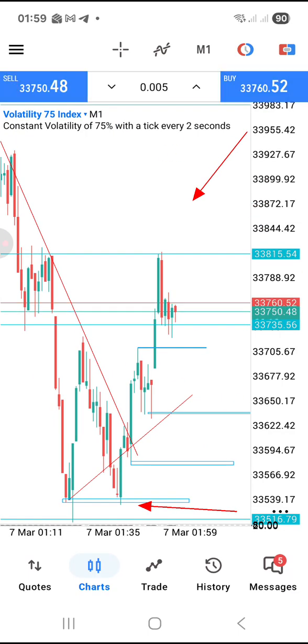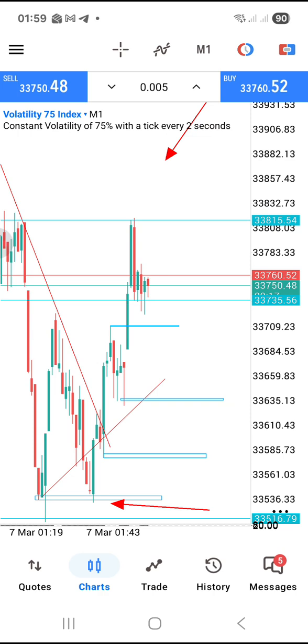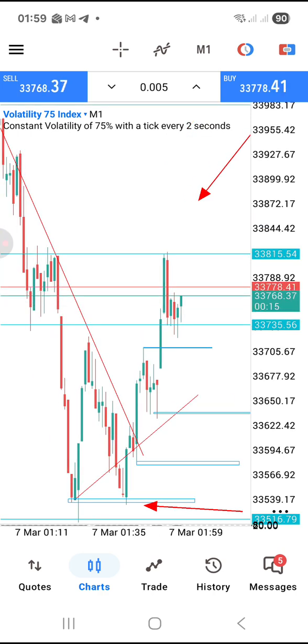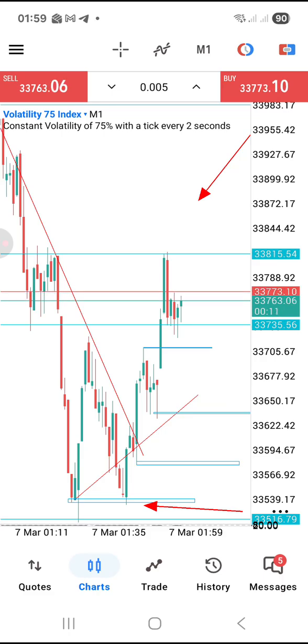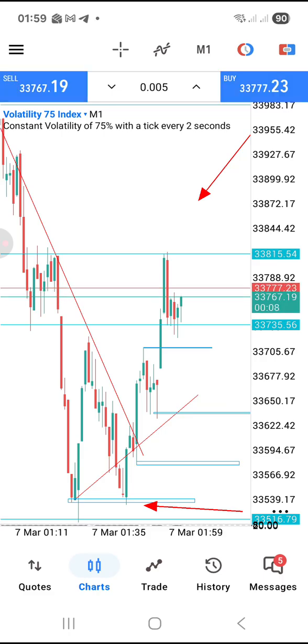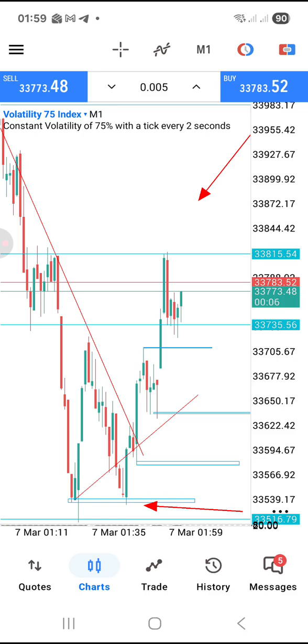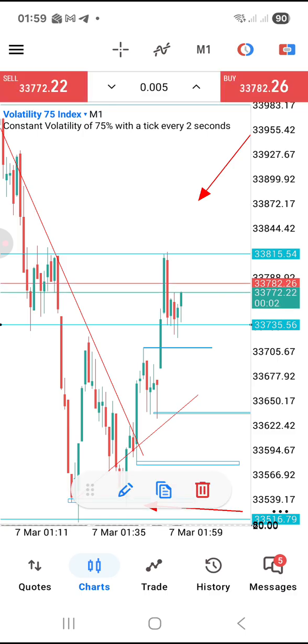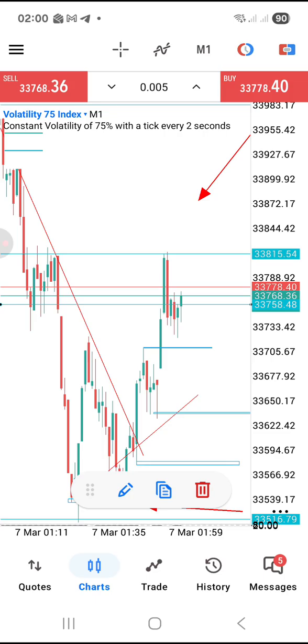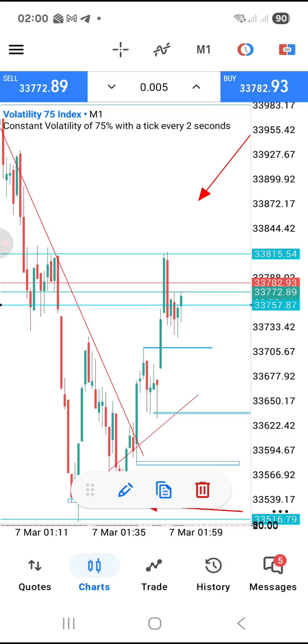This trade is actually a quick one because our higher time frame is showing a downward pressure. So we have to be careful to only take a quick trade. Wow, good. This is it. It has broken up.